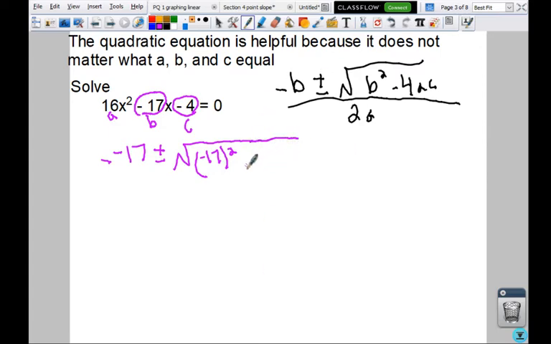Then minus 4 times a, which is 16, times c, which is negative 4. And the whole thing is going to be divided by 2 times a, which is 16. All we've done is fill in our formula. We put in numbers for a, b, and c.